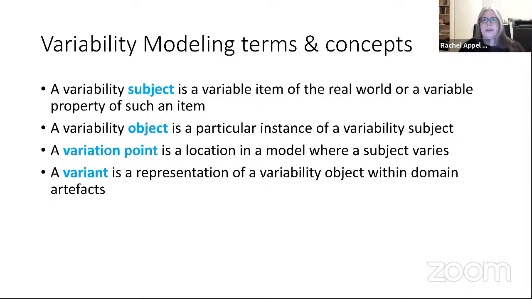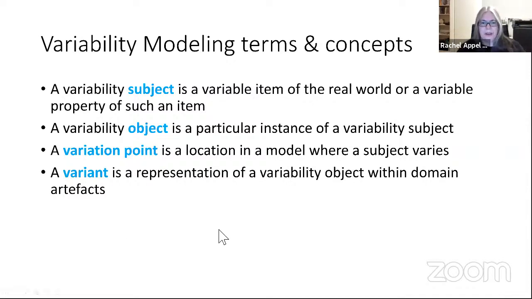Your variability subject is the thing that you want to scatter across the products, and it's going to be a little bit different. In my case, this might be something like one of those little tool tips or intentions. The variability object is the particular instance of it, so which product does what, how it's a little different. The variation point is where it varies, and the variant itself is that representation of it.